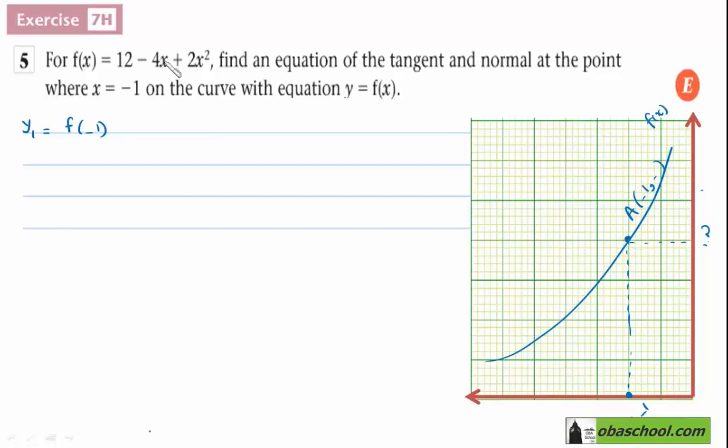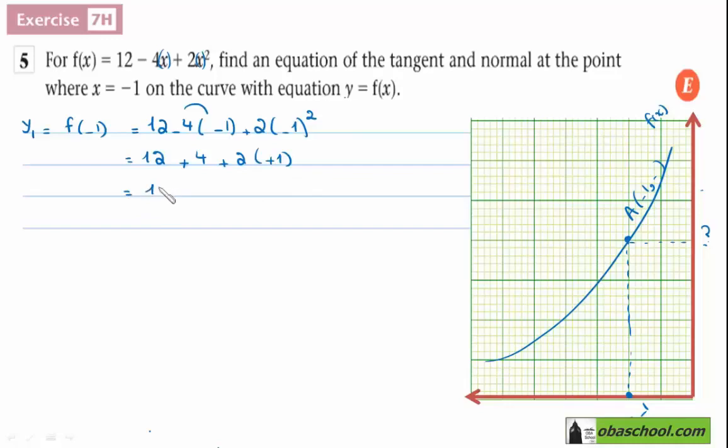So we say f of minus 1 equal, we substitute minus 1 instead of x, then we get 12 minus 4 multiplied by minus 1 plus 2 multiplied by minus 1 squared. This is equal to 12 minus 4 multiplied by minus 1 is plus 4, plus 2 multiplied by minus 1 squared is plus 1.